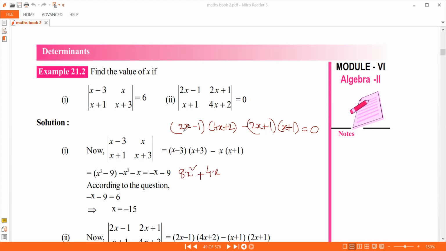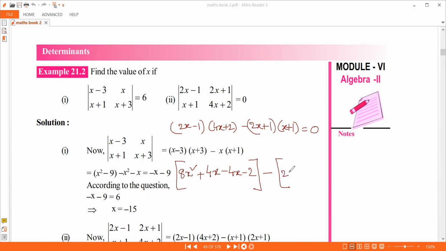Minus 2 into 4x is minus 8x... and minus 2. That is the first part, and again put a bracket for the first part. And the second part, plus 4x and minus, we will cancel later. First, put a bracket.